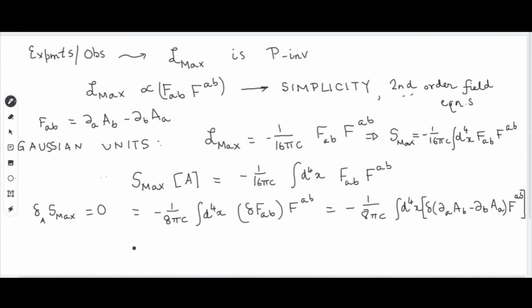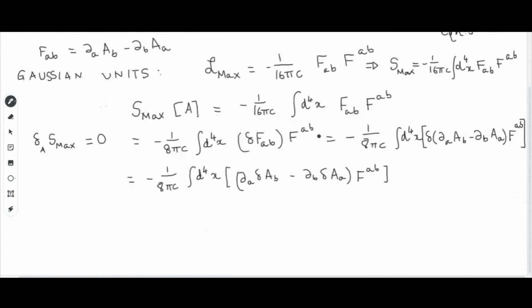And this part, you see, I can rewrite as minus 1 over 8 pi c integral d^4x. I can interchange the derivative and the delta, the variation.